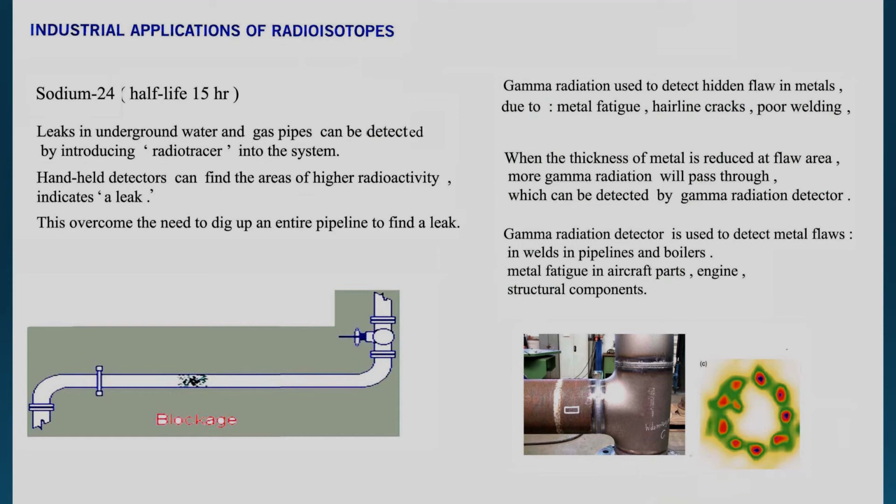Gamma cameras can also detect weaknesses in metal, like metal fatigue, hairline cracks, and poor welding. When the thickness of the metal is reduced at the flaw area, more gamma radiation will pass through, which can be detected by the detector.